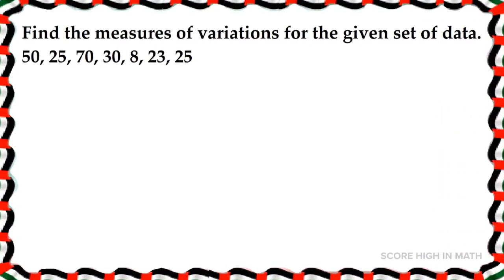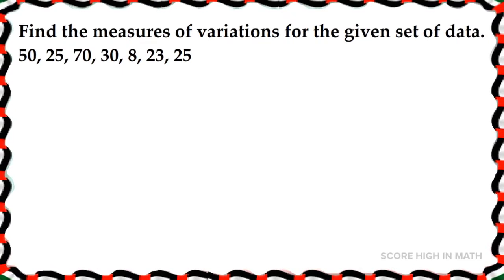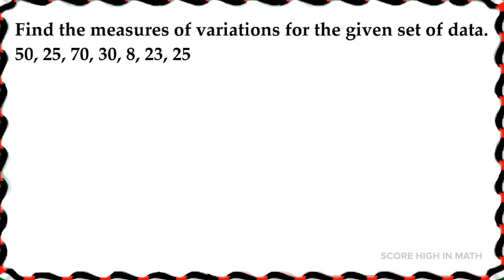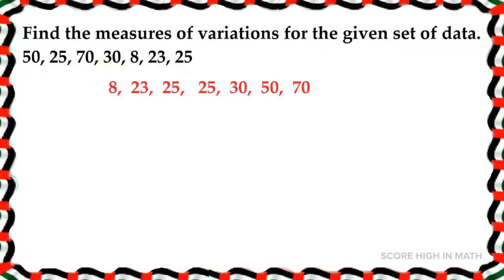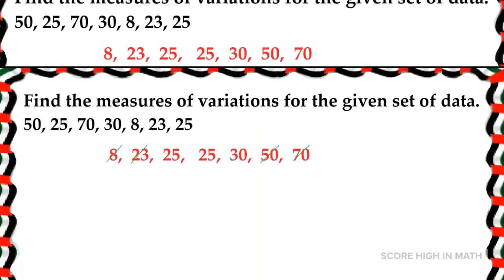I will show you how to find the measures of variation for the given set of data. If the numbers or the data are given like this, what are you going to do? I want you to arrange the numbers from least to greatest.